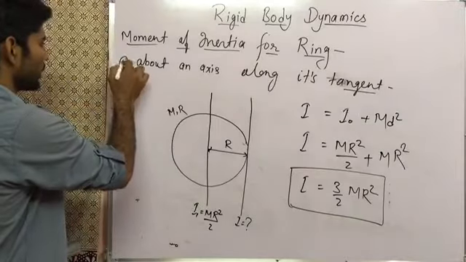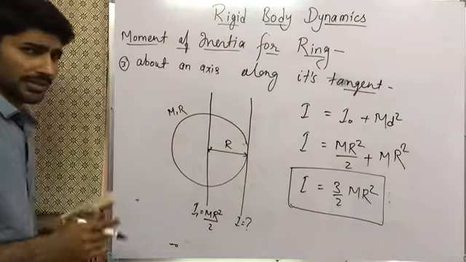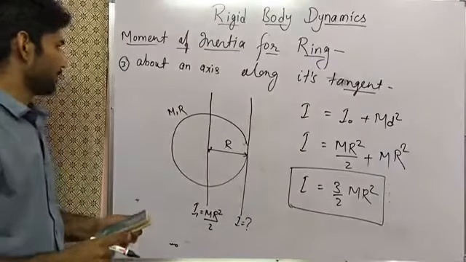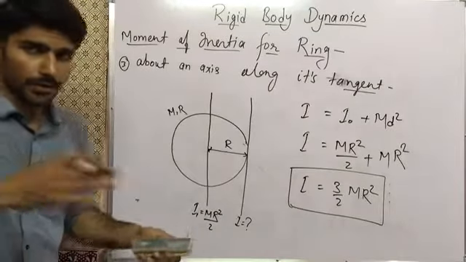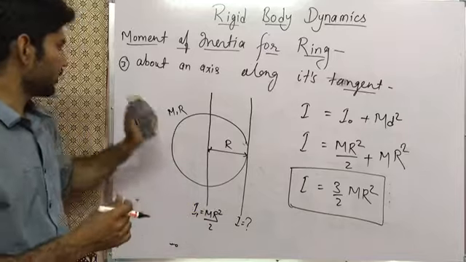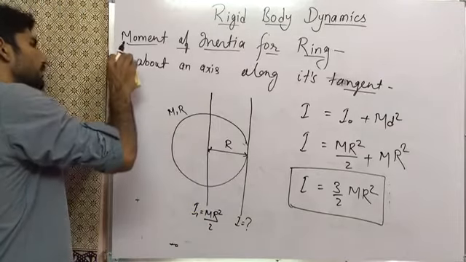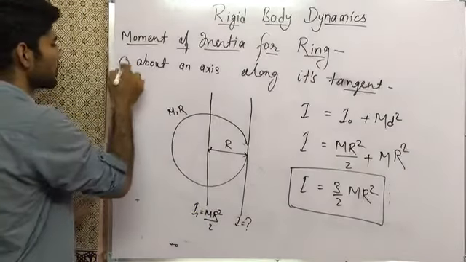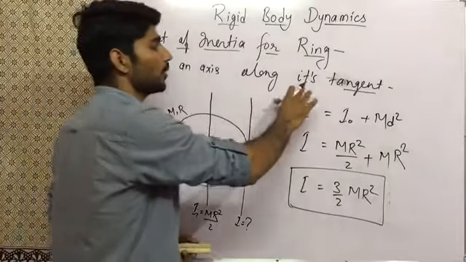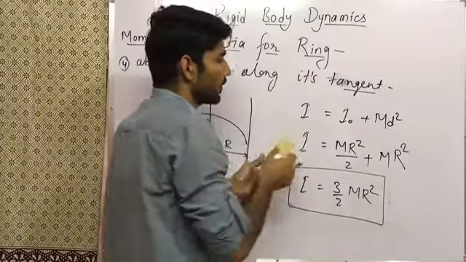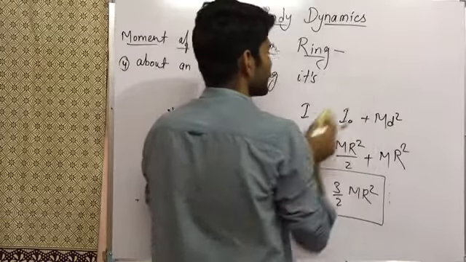This is the third case, and now we'll take the last case, and after that we wind up today's video because its length is getting too long. For the last case, case number 4, the moment of inertia for the ring about an axis along its perpendicular tangent.